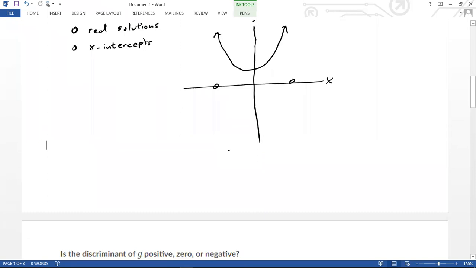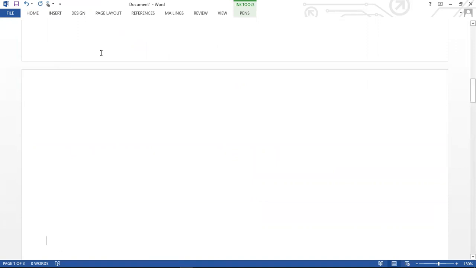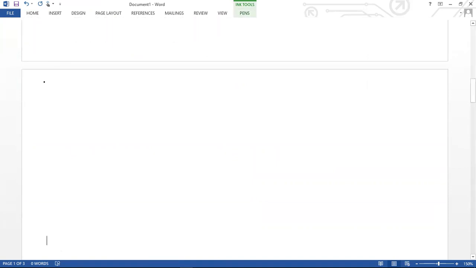And finally, the third case is when b squared minus 4ac equals 0. In that case, you end up with plus or minus the square root of 0.